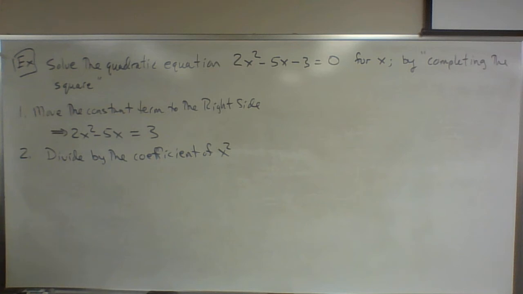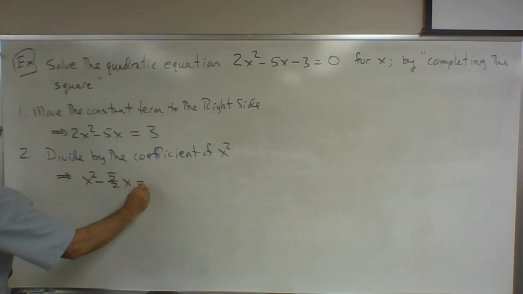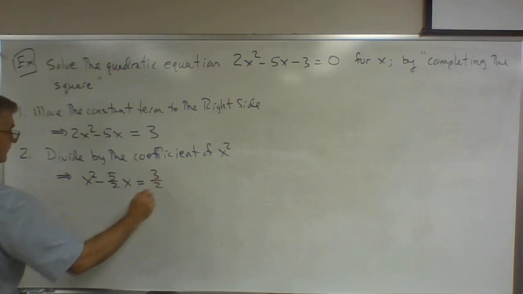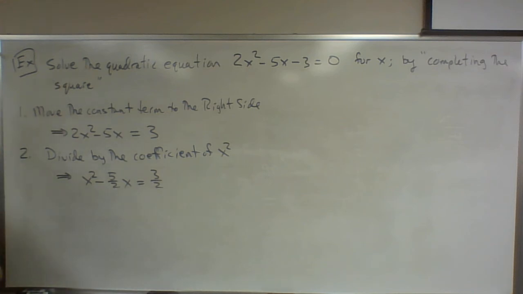The next thing we do is divide by the coefficient of x squared. So we have the coefficient of x squared now equal to 1, and we have the constant term on the right side of the equation.